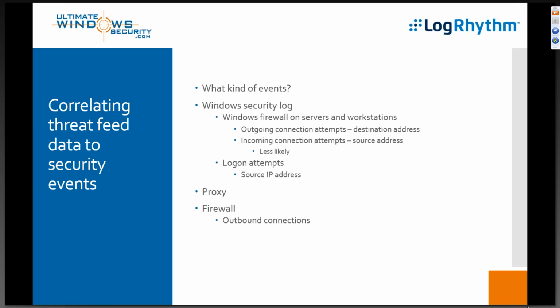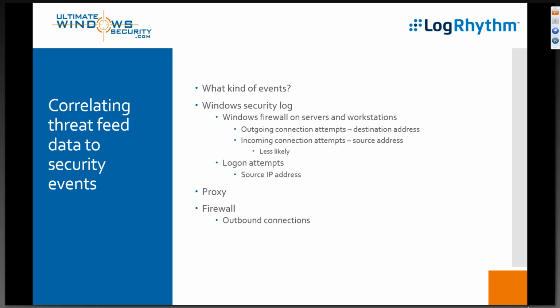So if we're going to actually try to correlate threat feed data against our logs, what kind of events are we talking about? Obviously, events coming from your proxy server and your firewall, particularly on outbound connections.